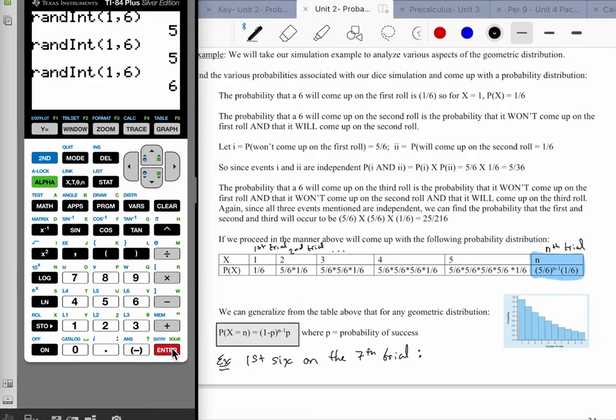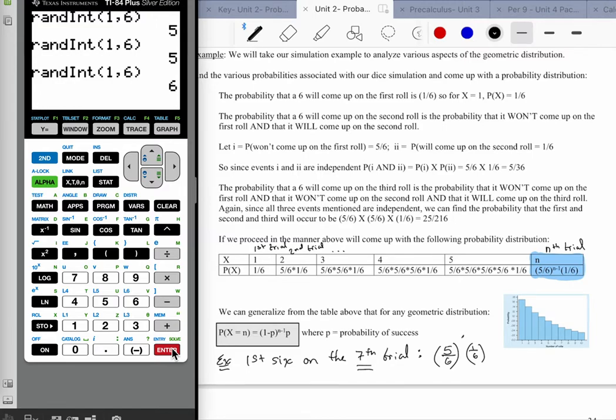I would be saying, okay, well, the probability of getting a 6 is 1 out of 6. All right, that's going to happen on the 7th trial, so that's going to be the very last thing that happens. Prior to that, I got everything other than a 6, so 5 out of 6. That must have happened the first 6 trials.